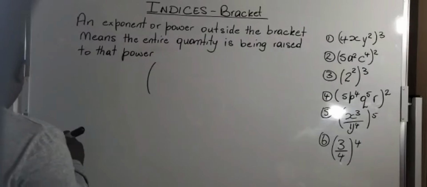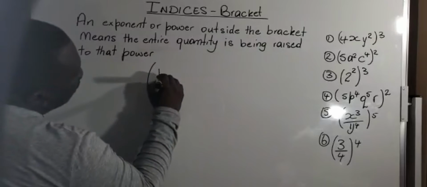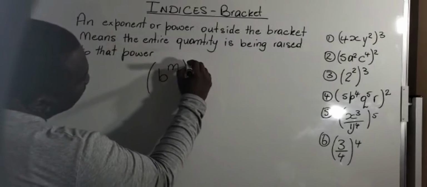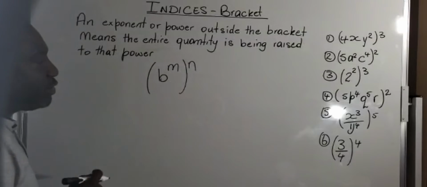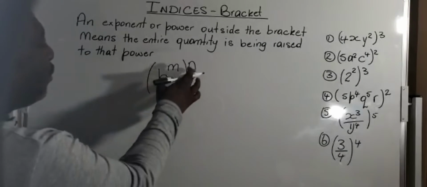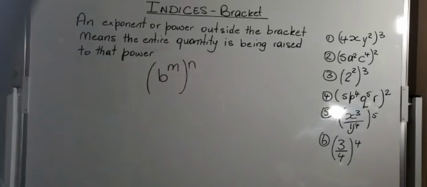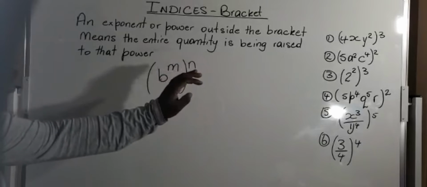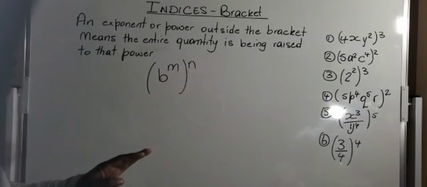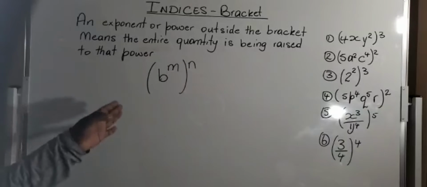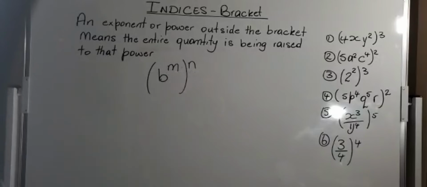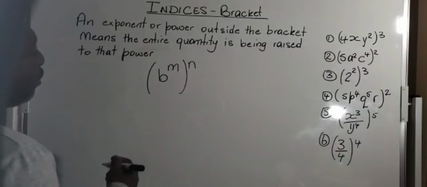So if I have a bracket here, b to the power of m is being raised to n. The implication is, as it says, the power or the exponent is simply being multiplied by what is outside of the bracket.